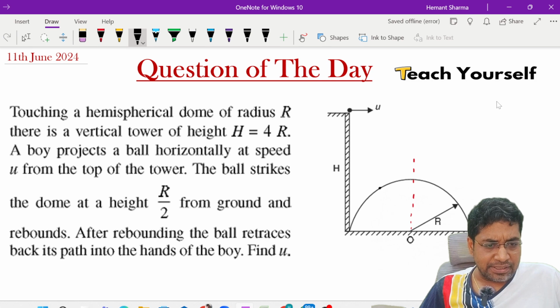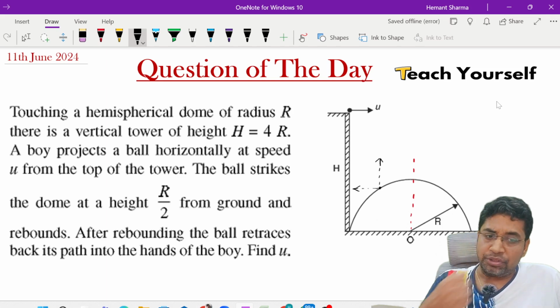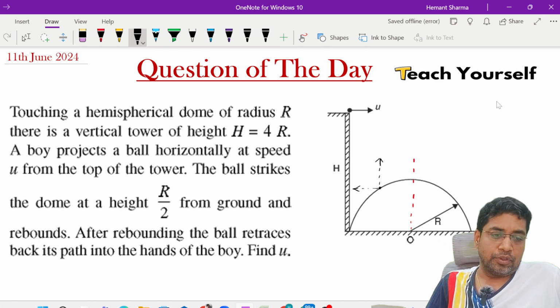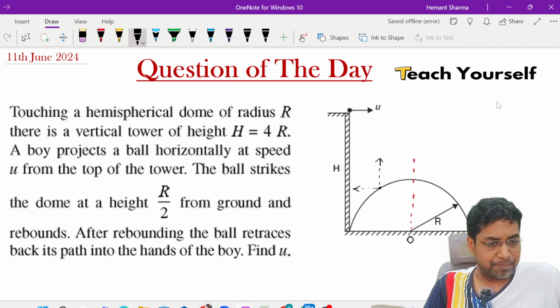As far as retracing the same path is concerned, the velocity component along x as well as along y both should reverse its direction after impact. So this is possible only when the particle is striking this particular dome perpendicularly.